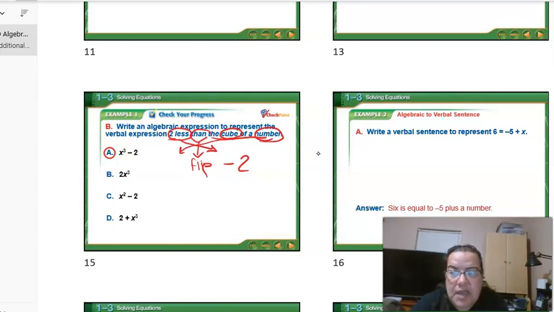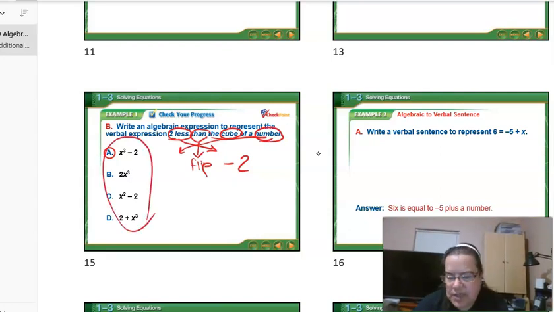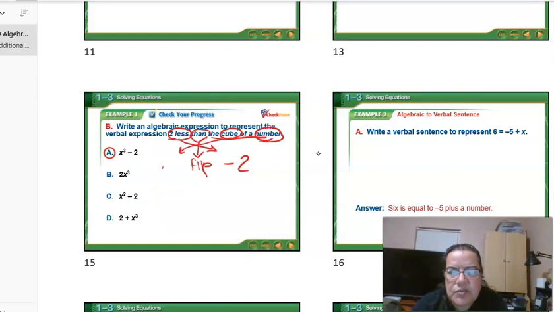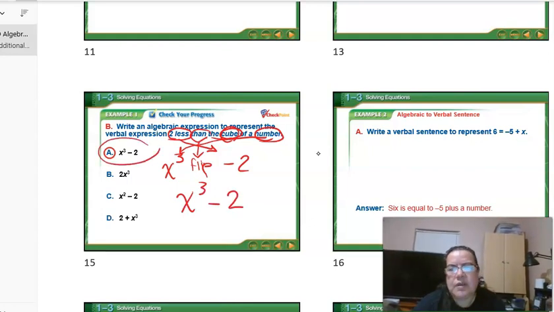So what number is it? I don't know. It looks like here they're using x, so I'm going to use x too. And then it says a cube. To be cubed, you are to the third power. So that would be x to the third power minus 2. So therefore, letter B is your answer.